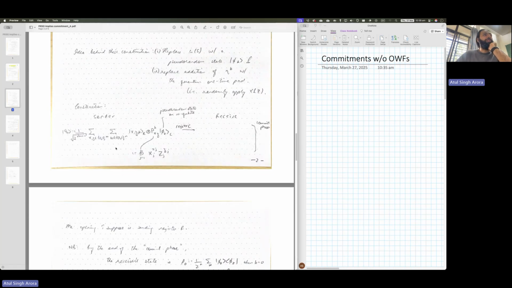So the construction is as follows. The sender prepares psi sub b, where b is the bit that they want to commit. They start with a pseudorandom state on m qubits, okay? And whether or not they apply b would be encoded by applying the one-time pad, which is X to the x and Z to the z.